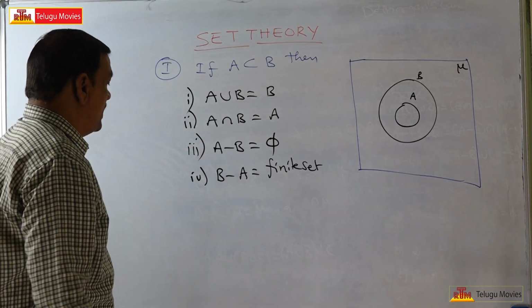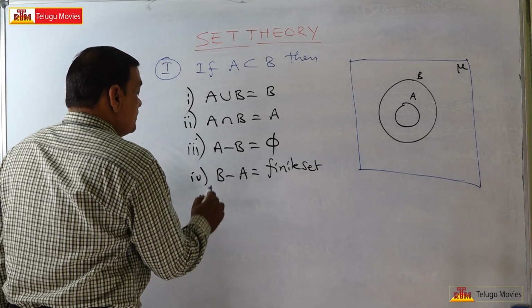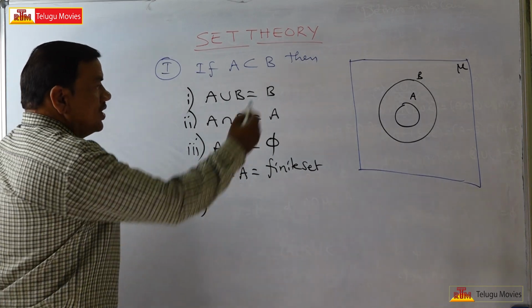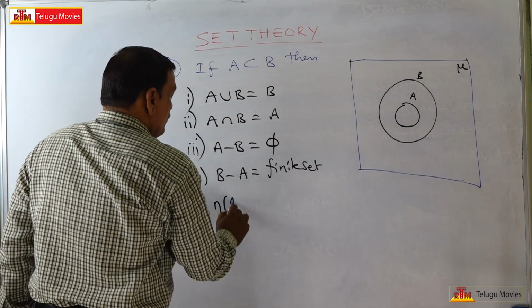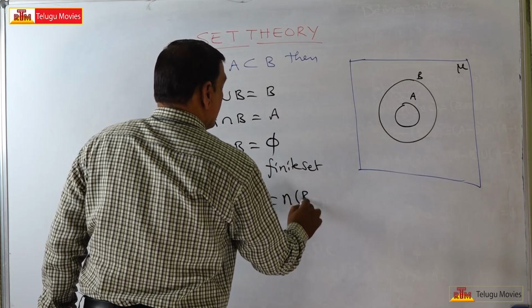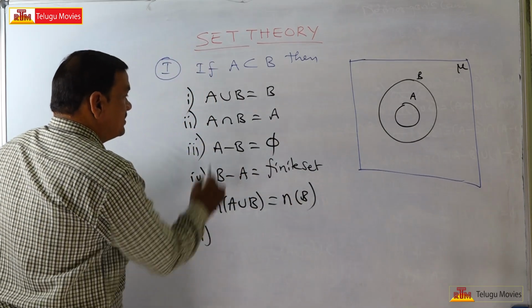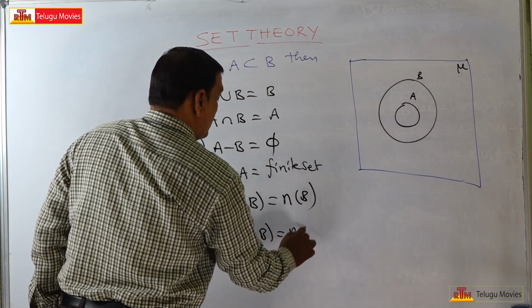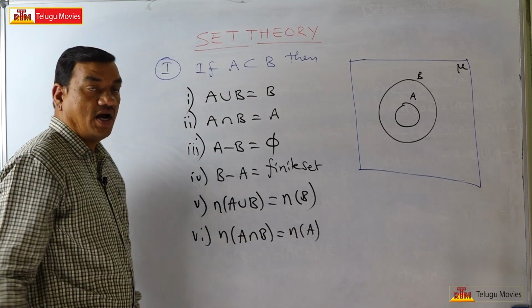Now, next one, if you observe: N of A union B is nothing but N of B. Next, N of A intersection B is nothing but N of A. Understand?